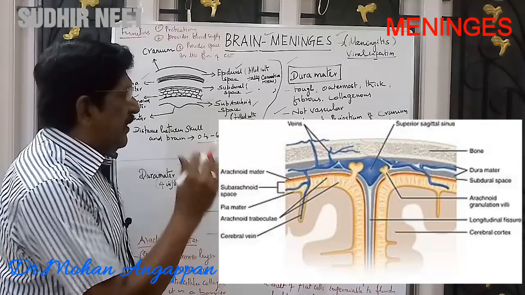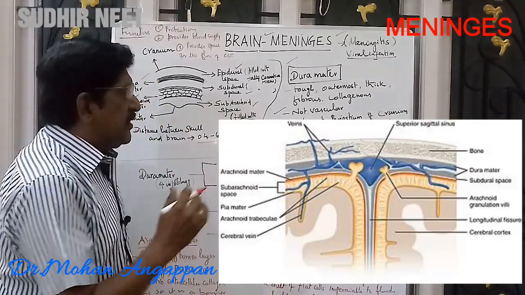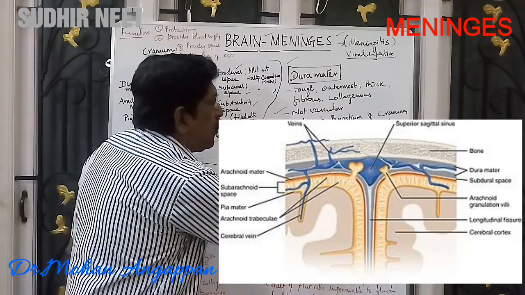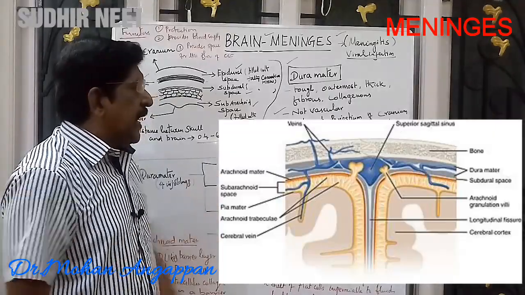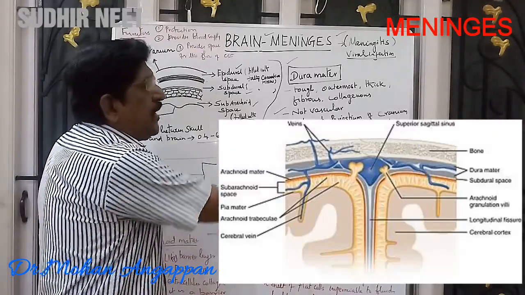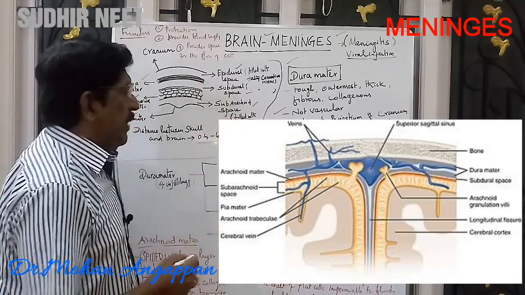This dura mater supports the large dural sinuses which carry blood from brain to heart. So the dural sinuses carry blood from brain to heart, and that is supported by this dura mater.